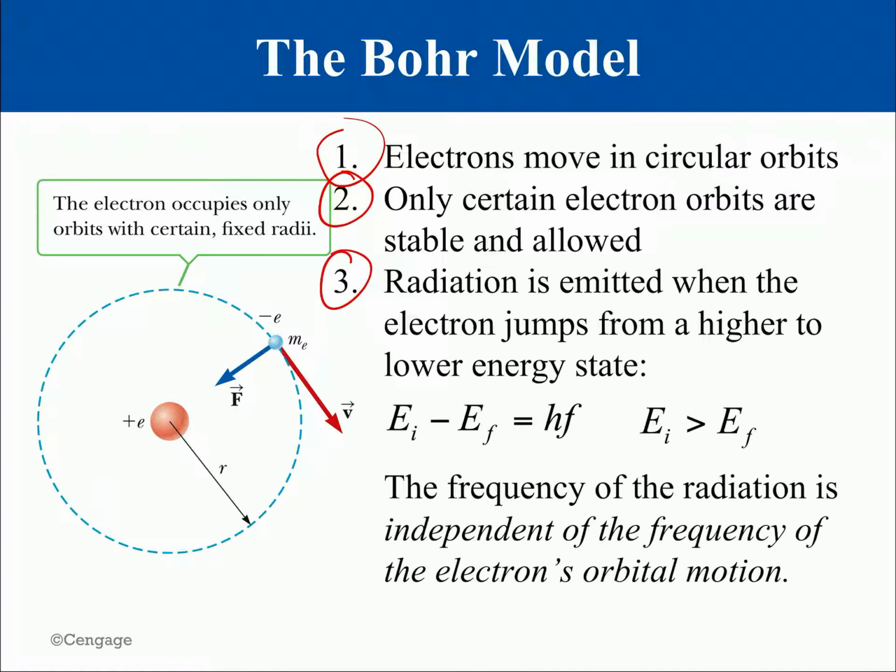We're going to use h, Planck's constant, the constant that was discovered with blackbody radiation and the quantization of those oscillators that were supposedly at the surface of solid absorptive materials. And the frequency of the radiation is independent of the frequency of the electron's orbital motion.